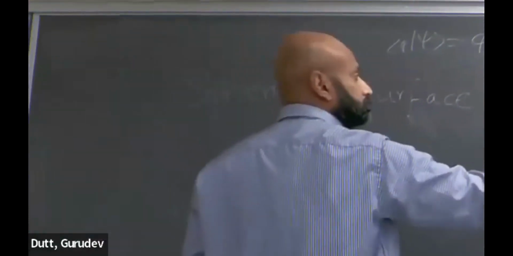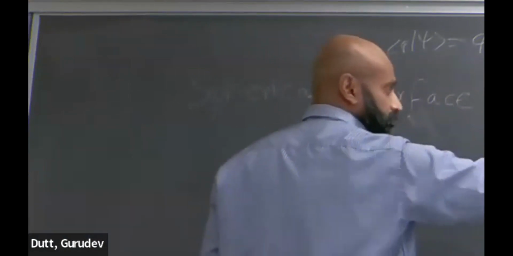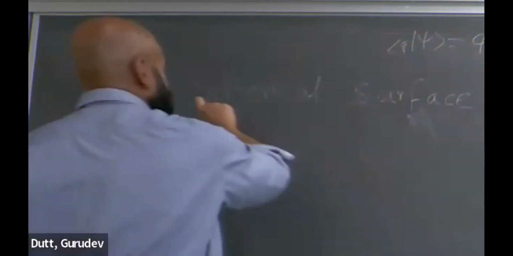So in the last lecture, what I showed you was the refraction at a spherical surface. And through that paraxial approximation, when the angles are small, we derived this equation.